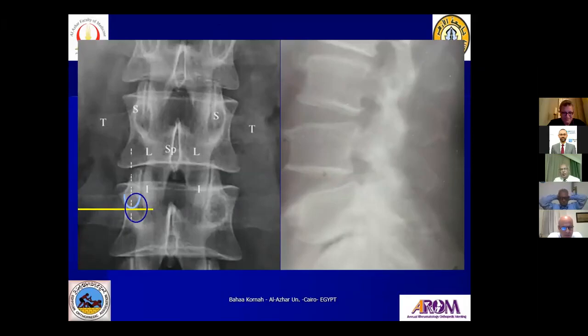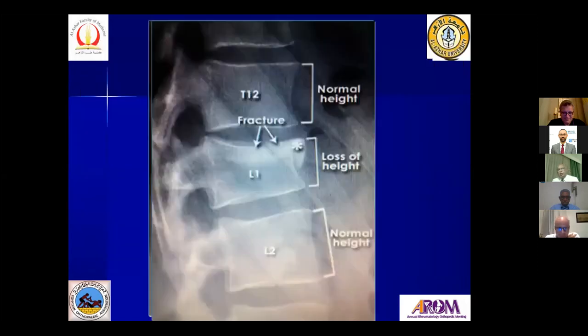This is the inclination, cephalic and caudal inclinations. The caudal and the cephalic inclination of the body of the vertebra is different from L1 to L5. This is L5 inclination.